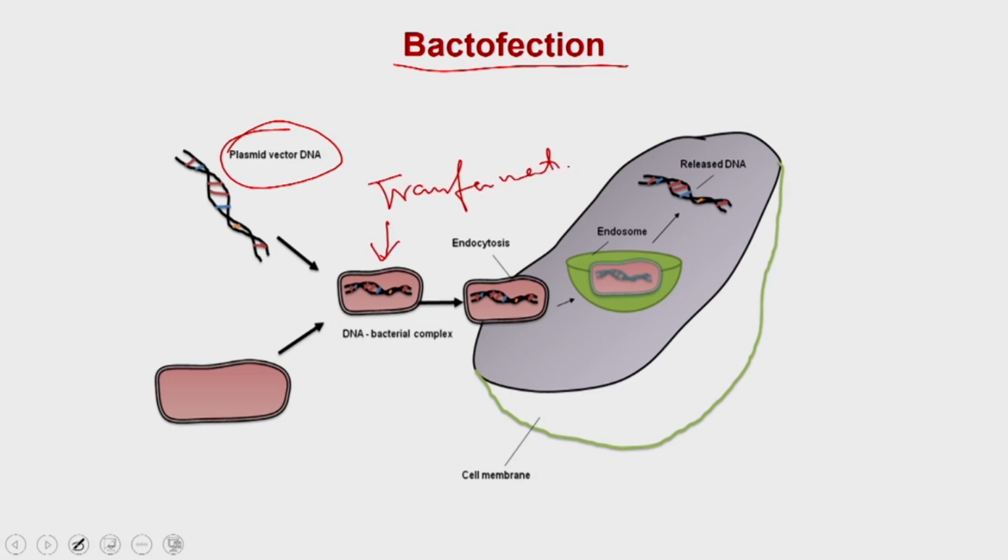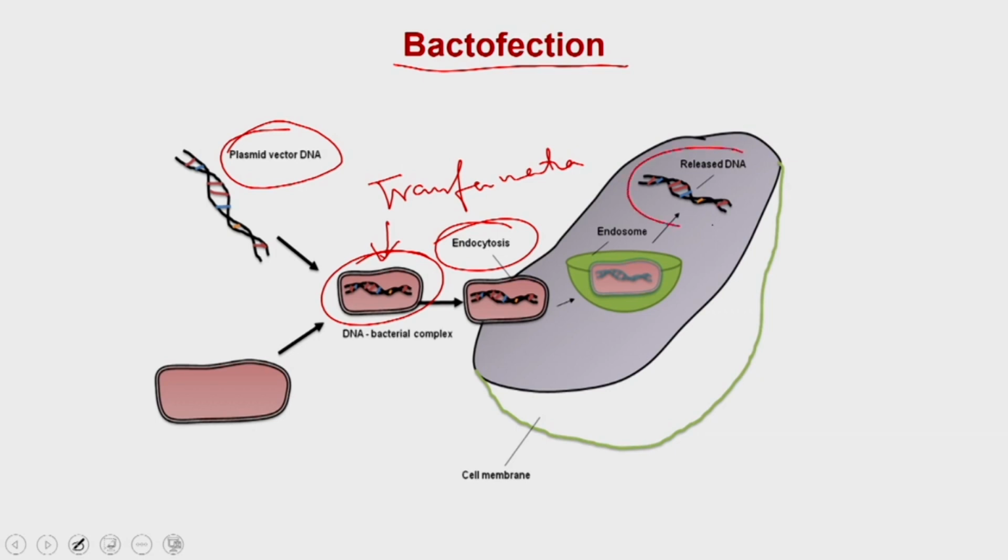So with the help of transformation, you first insert your recombinant DNA into the bacteria, and once this bacteria reaches the cell, it will be taken up by the process known as phagocytosis. Once it gets inside the cell, it will form the phagosome, and inside the phagosome the bacteria will either release the DNA or come out and get lysed and release the DNA.